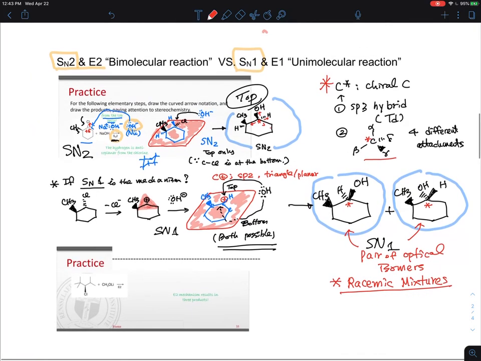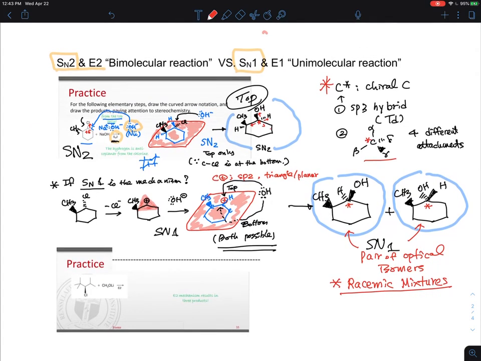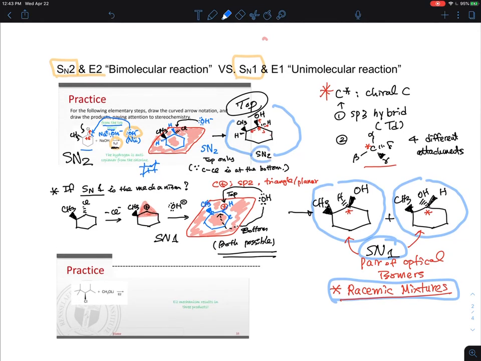You will get this racemic mixture when the reaction occurs, whereas if the reaction occurs, you get only one type of optical isomer, right? So that's for the SN2.